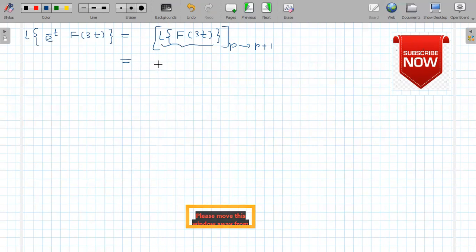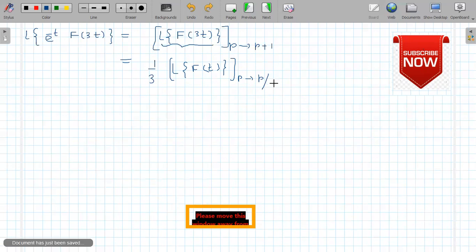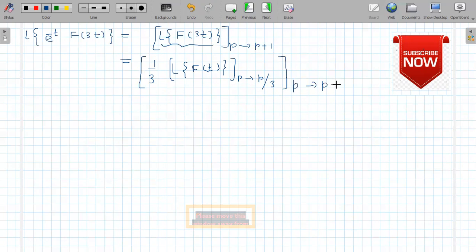So by change of scale property, the whole answer will get divided by 3 and L will be applied on f(t), where p is replaced by p upon 3, and again there is a whole outer bracket, where p is replaced by p plus 1.